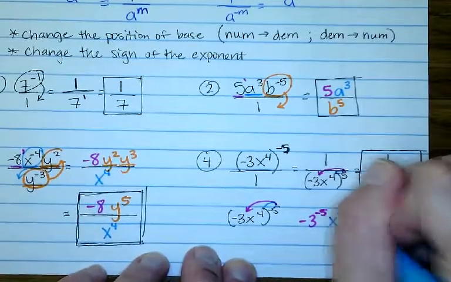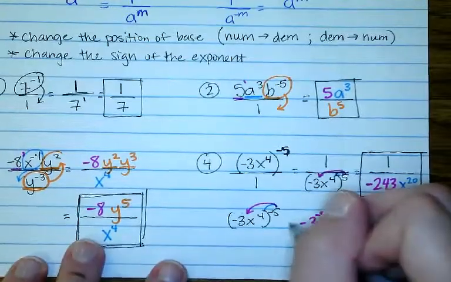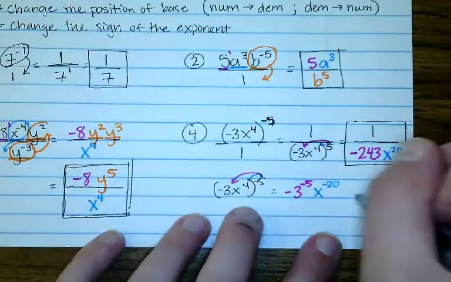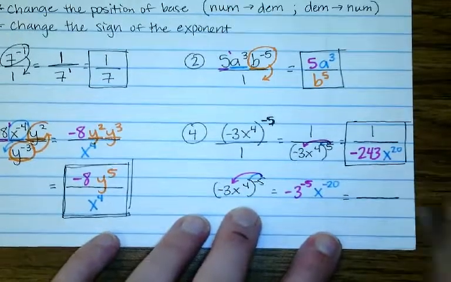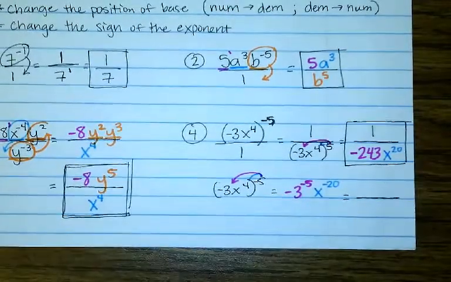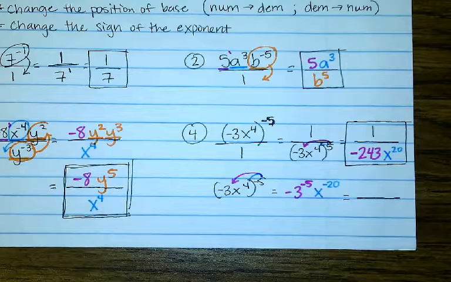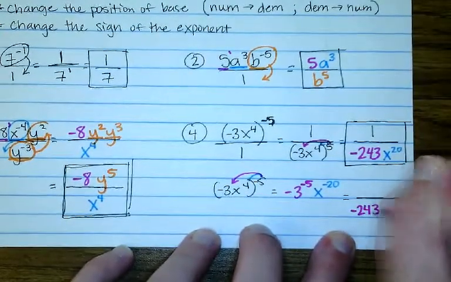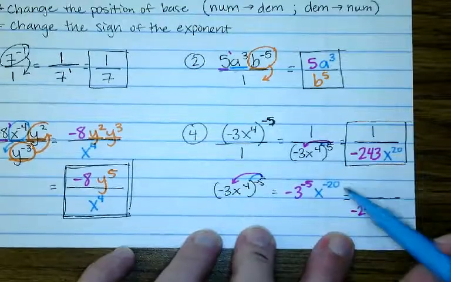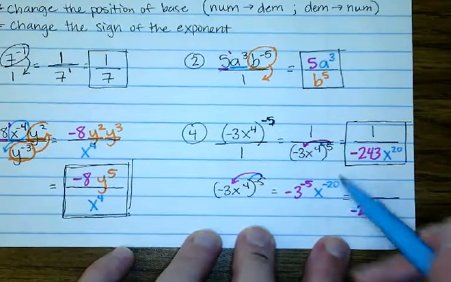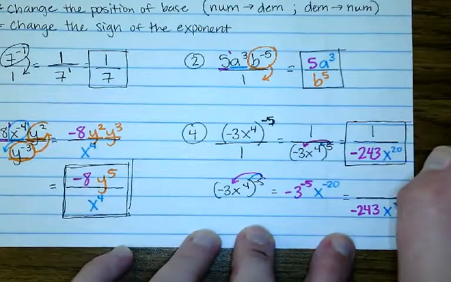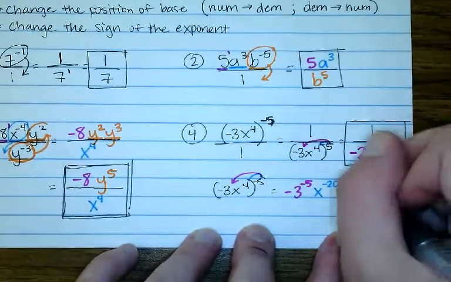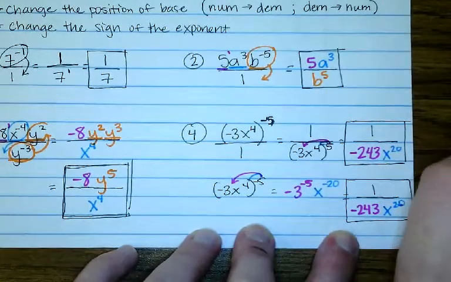Then you would have had to change the positions of those bases, change the floor, so to speak. So negative 3 to the positive 5th power, you still would have ended up with negative 243 on the bottom. And when we moved this down, it still would have been x to the 20th power. So we still would have ended with the same things. It just depends on if you wanted to multiply at the beginning or multiply at the end. Does that make sense, y'all?